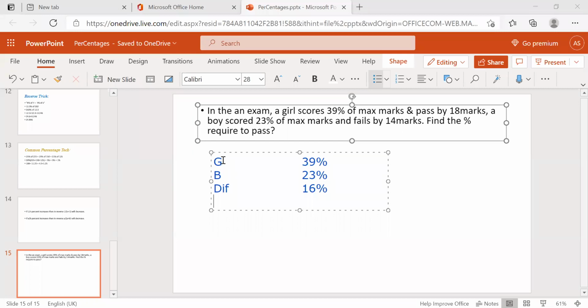And see, they mentioned passed by 18 marks and failed by 14 marks. Then what will be the difference of that? Girls score plus 18 marks compared to pass marks, and boys score minus 14.